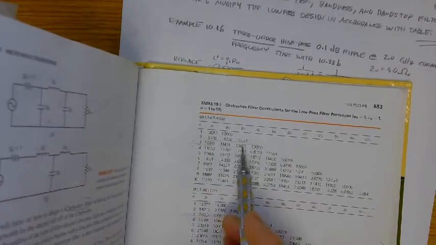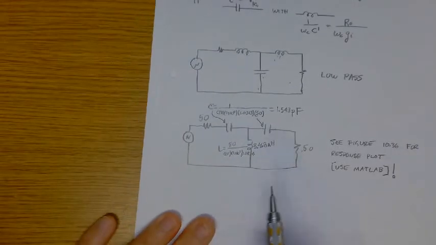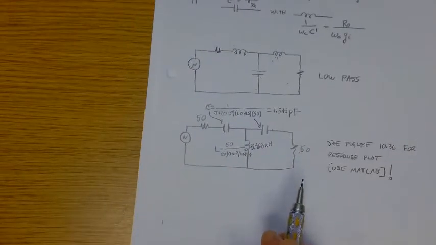Well, how do you get it? Go to the table. Again, that table is critical. The C for the high pass is 1 over omega C L prime, but L prime is the number times R naught.